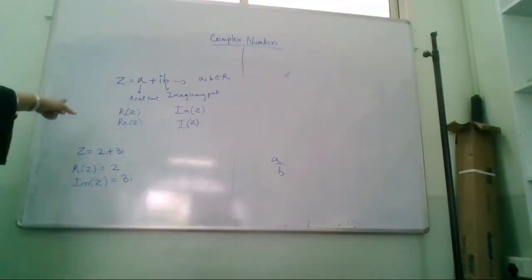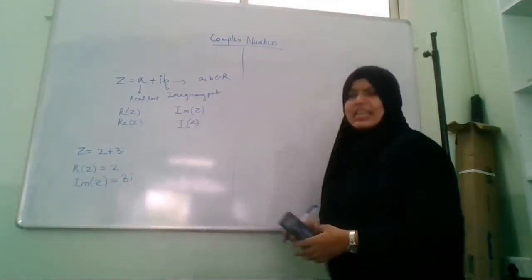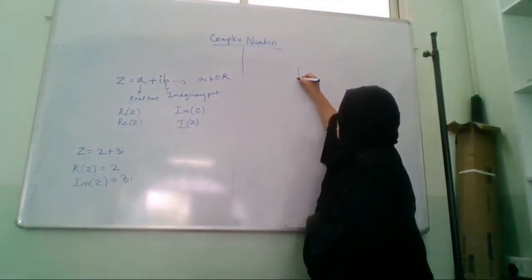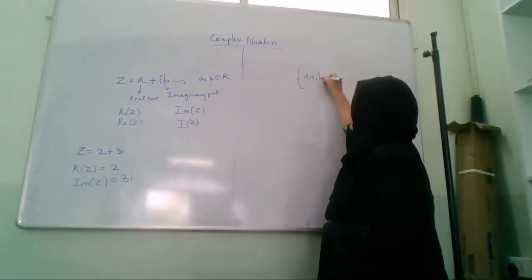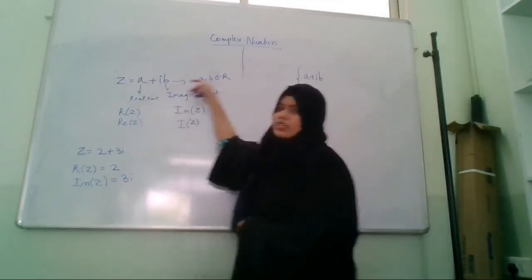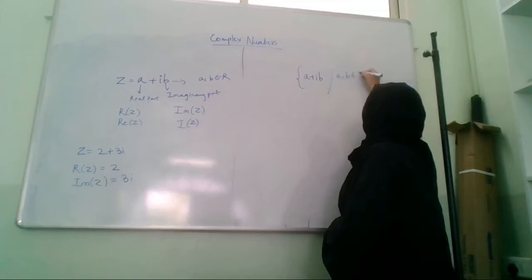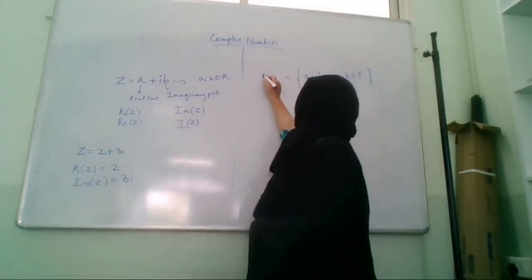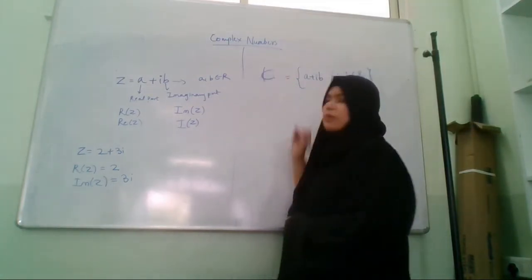So always use Z to denote the complex number. A set containing all the numbers of this form, where a and b belong to real numbers, is called the set of complex numbers.